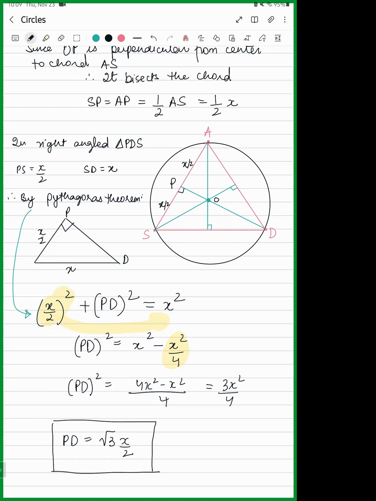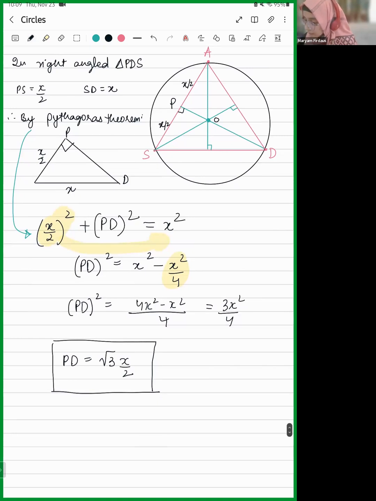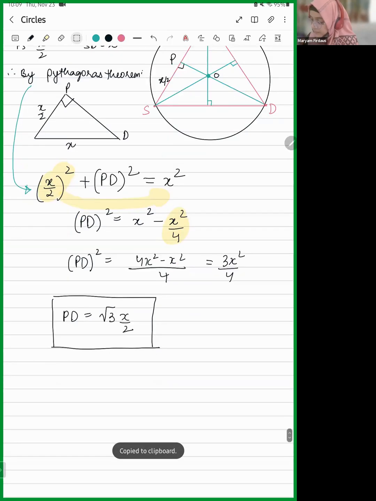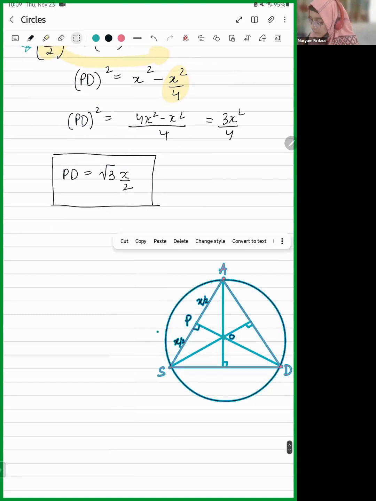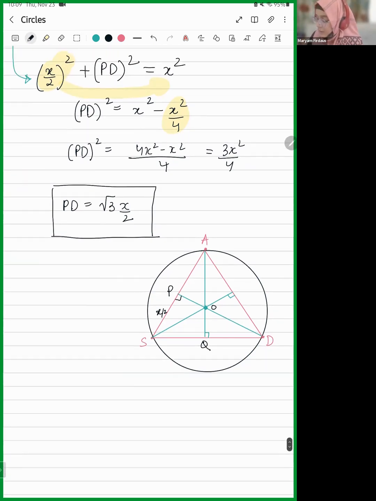Okay. Now let's take this thing again. Over here, let's call this Q. Now we have found one thing, PD is equal to root 3x by 2.